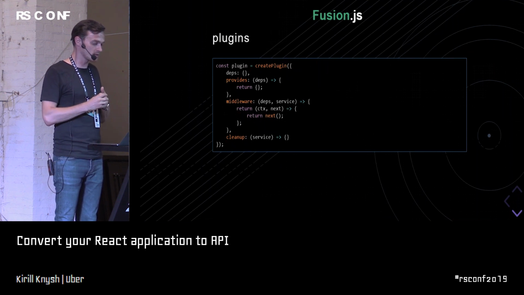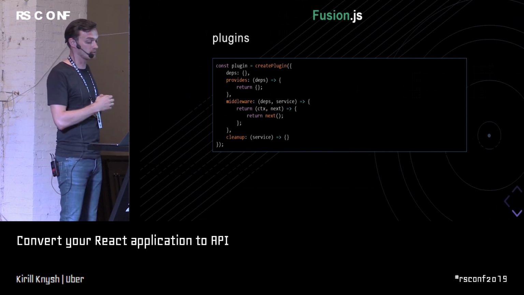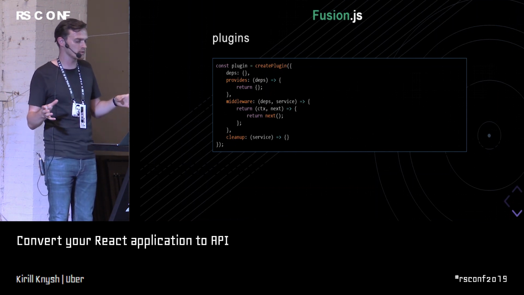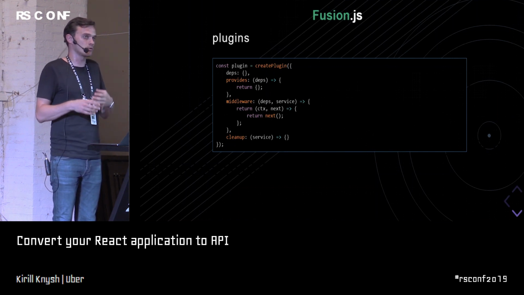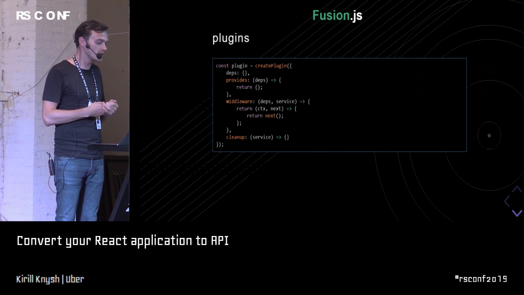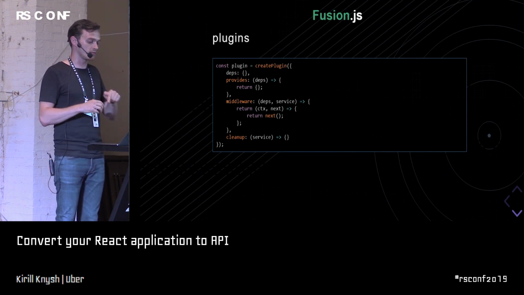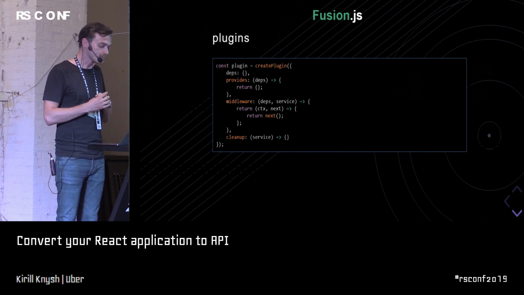What is a plugin? That's the basic backbone of a plugin. It may have dependencies, so each plugin may depend on other plugins. Each plugin may provide some API, so each plugin may be treated as a service, let's say. Middleware, exactly this function, this onion leaf. Every request to every file in your Fusion application goes through the middleware of all plugins.